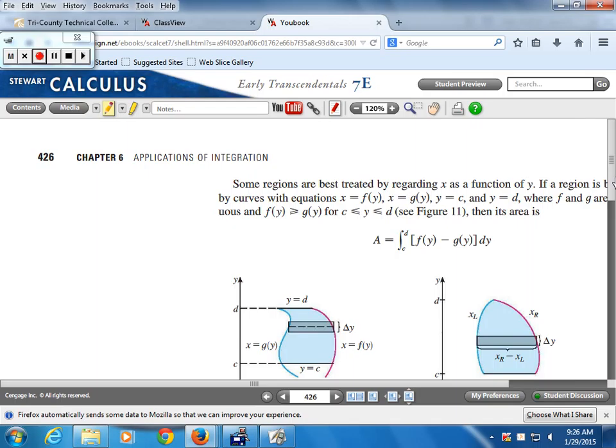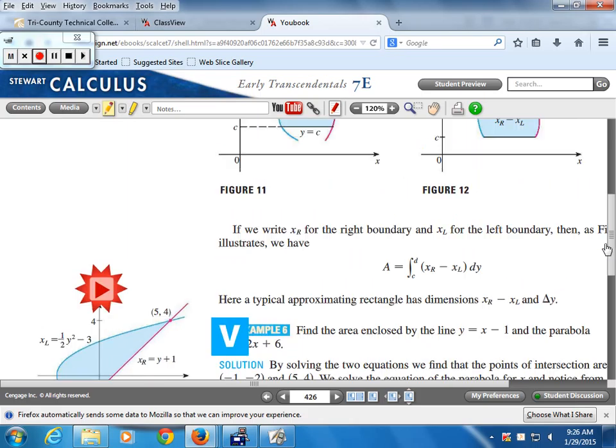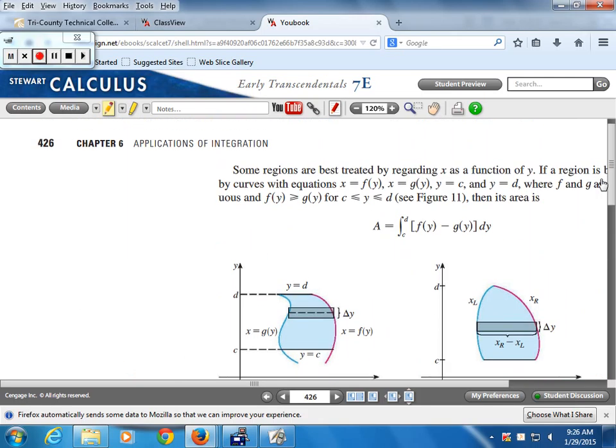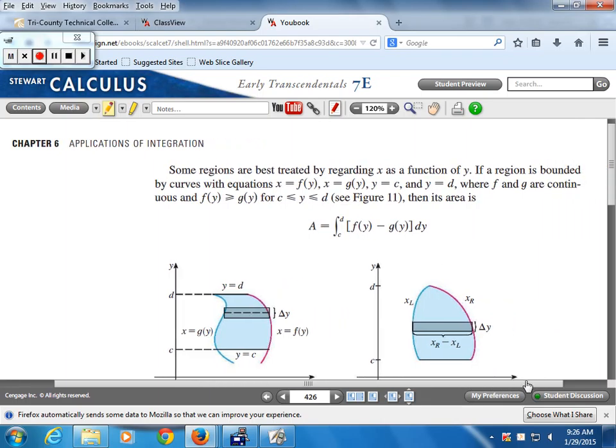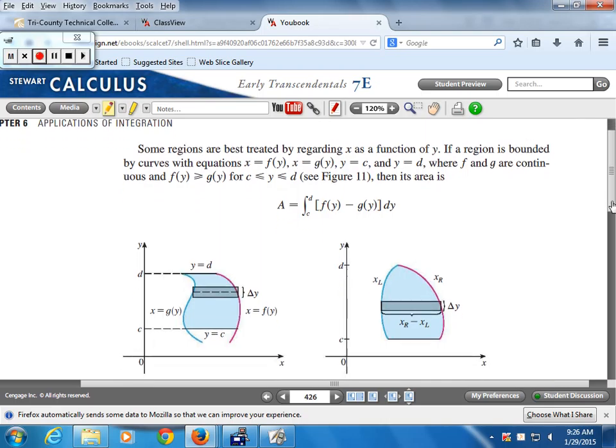Okay, now here's where we switch gears. What's the difference here? What are we doing here? I'm on page 426, for those of you that have a book. We've been going around the x-axis, right? What are these guys doing? Going around the y-axis.